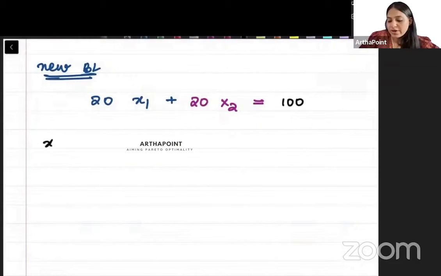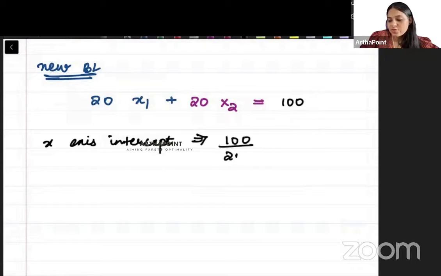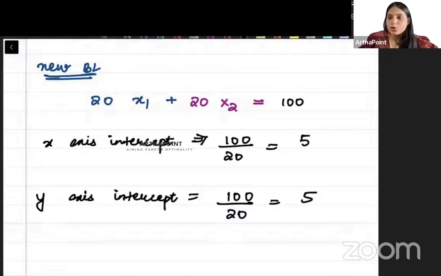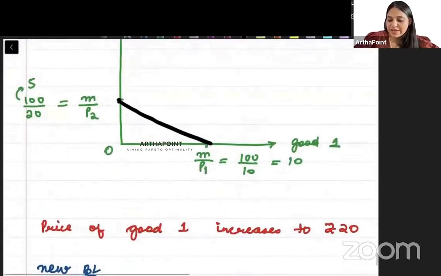But now what will be your x-axis intercept? Income divided by price of good one, that means 5. What will be your y-axis intercept, बच्चे? क्या हो जाएगा y-axis का intercept? Income divided by price of good 2, that means 5. तो this is 5 only, ये 5 ही रहेगा.